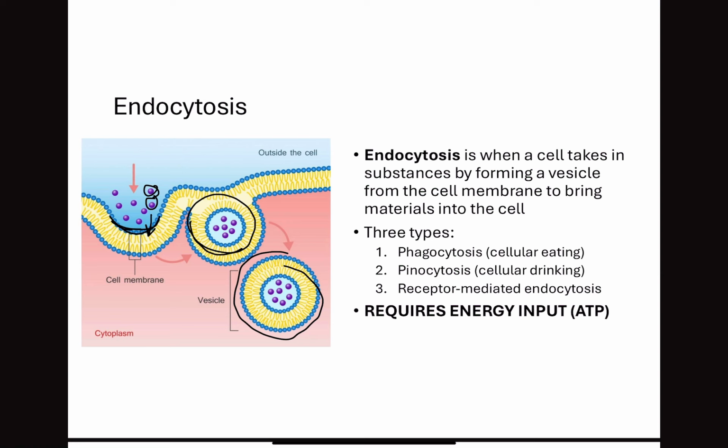And we also have 3 different types of endocytosis. We have phagocytosis, which we can think of as cellular eating. We have pinocytosis, which is like cellular drinking, and then we have receptor-mediated endocytosis. And it's important that we remember that endocytosis requires ATP. It requires energy.